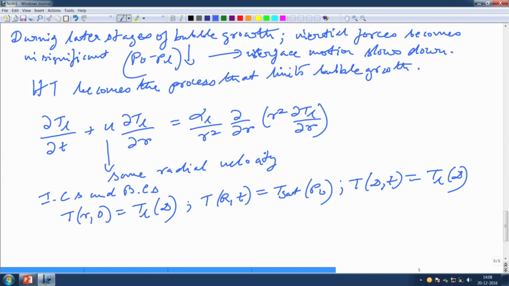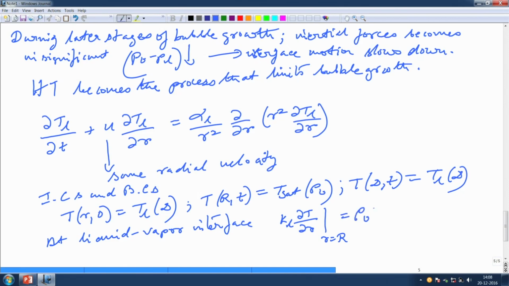So, what happens is that at the liquid vapor interface, you should have this being obeyed, right.